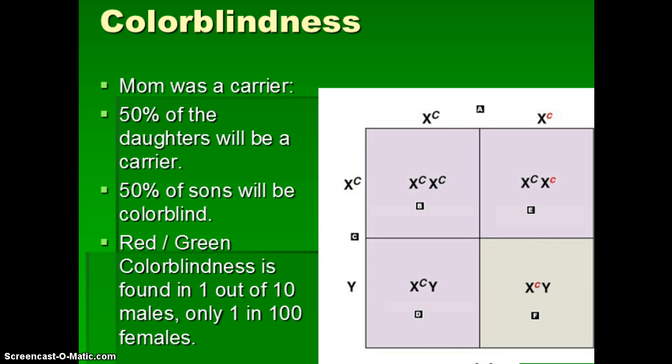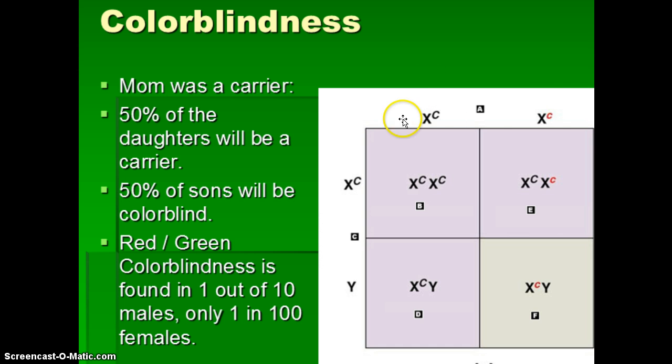This is just going to be a little bit of review, but involving the Punnett square and sex-linked genes. So let's say, for instance, the mother was a carrier, and we're just going to write an X and a C and an X and a lowercase c.